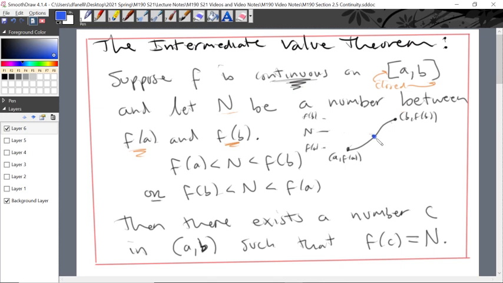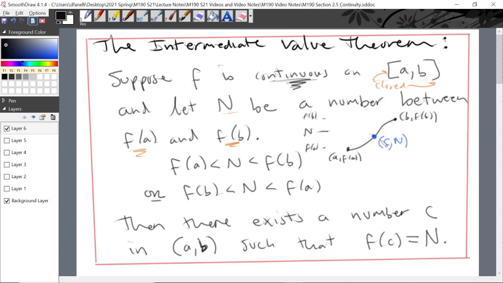So this point right here, for instance, would have that output n, and let's say that the input would be another number c that is contained between a and b. That is, this is the point (c, n), where f of c is equal to n.